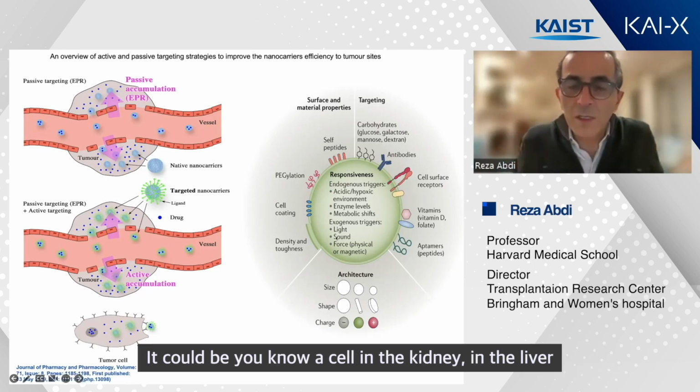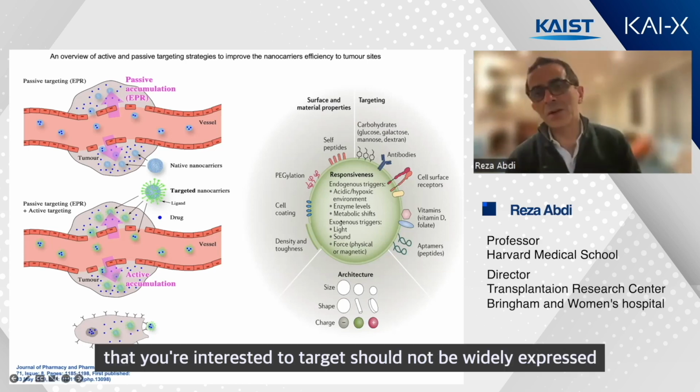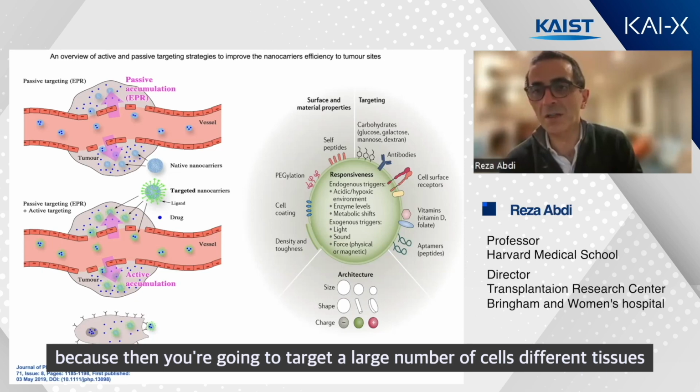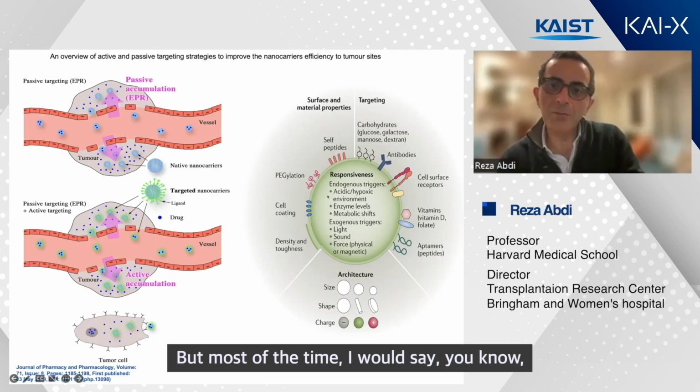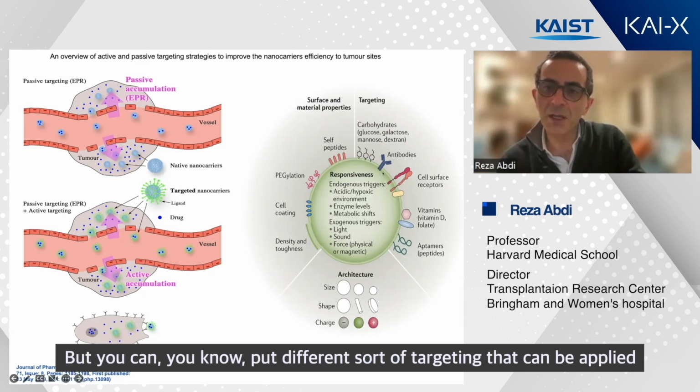It could be a cell in the kidney or the liver, but the rule of thumb is that the receptors you're interested in targeting should not be widely expressed, because then you're going to target a large number of cells in different tissues. Most of the time, people use antibodies on the surface of the particle and put a drug inside, but different sorts of targeting can be applied.